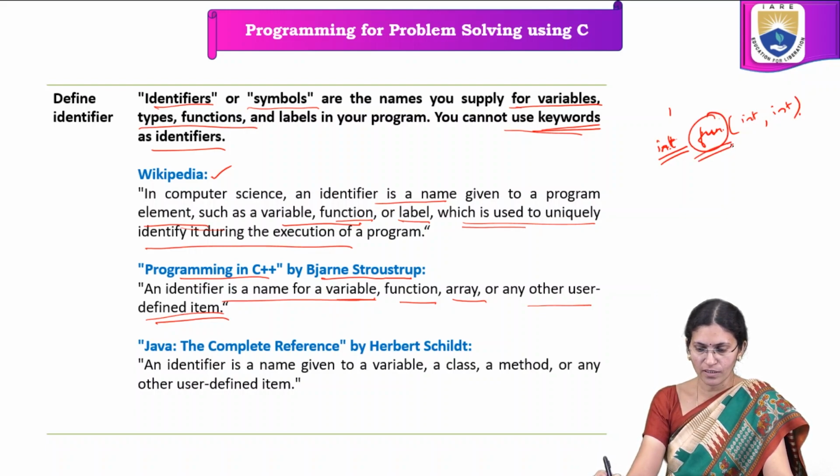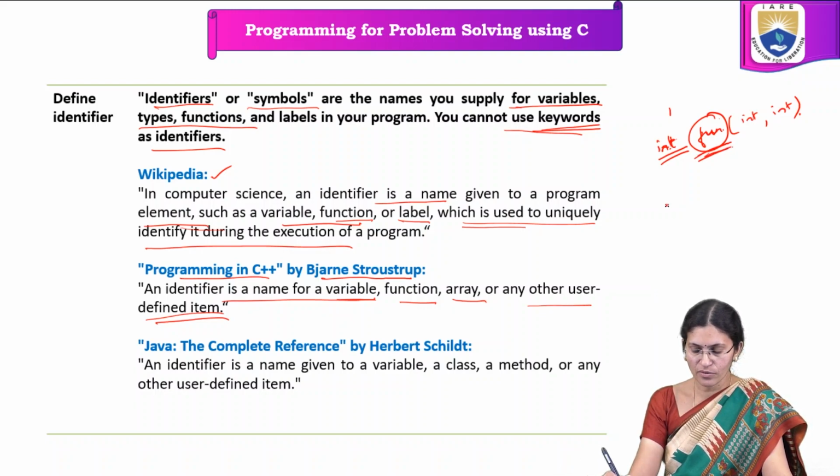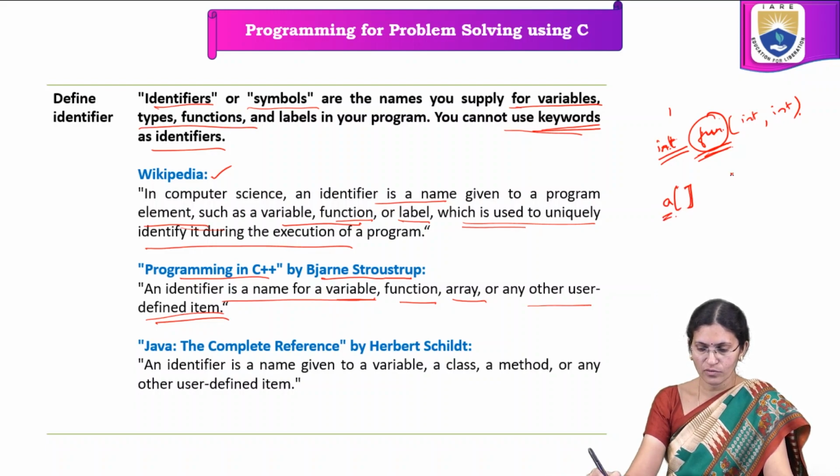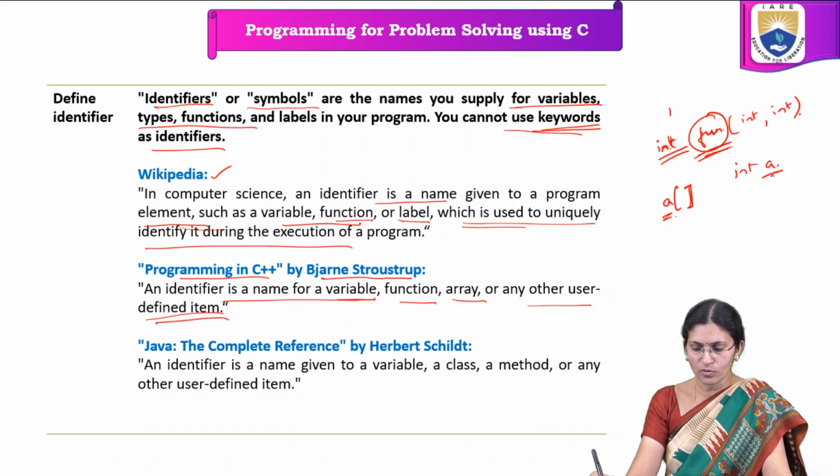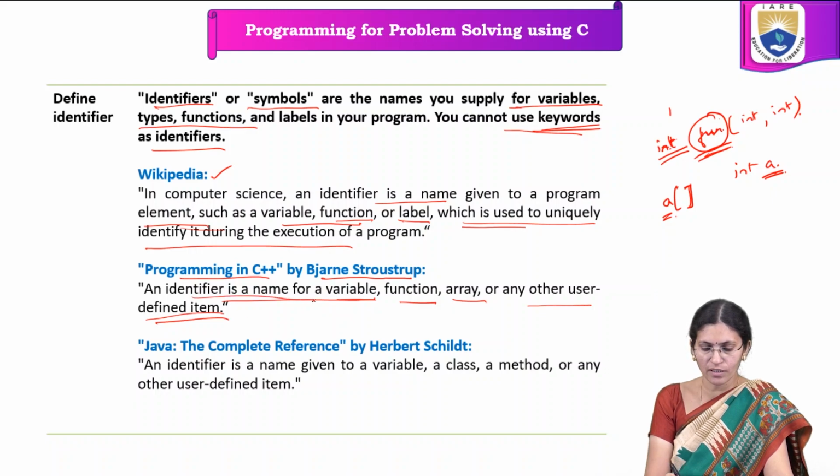The name given to the function is called an identifier. Next, in order to specify an array, we write it in square brackets. This is the name given to the array. If you write it in this way, this is the name given to the variable. All these are nothing but names. An identifier is a name given for a variable, function, array or any other user-defined item.